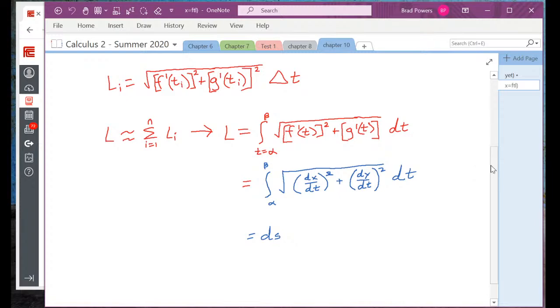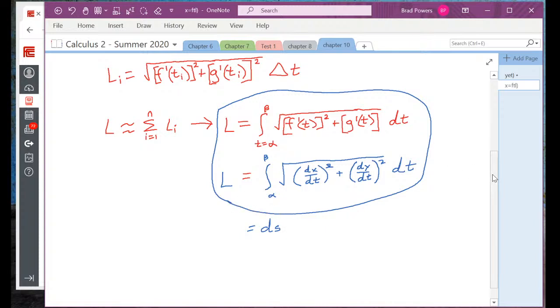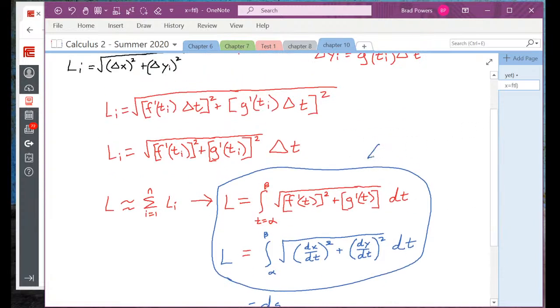That's always a fun problem to do. So let's do it. We have arc length; it is either of these, and that is assuming, don't forget, that x was f of t and our y values were g of t.